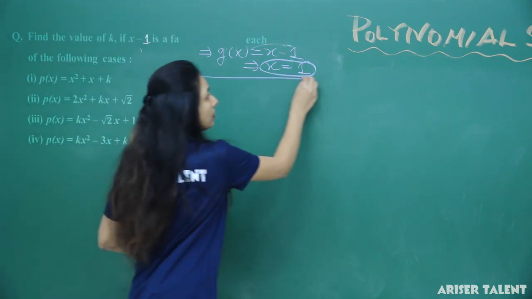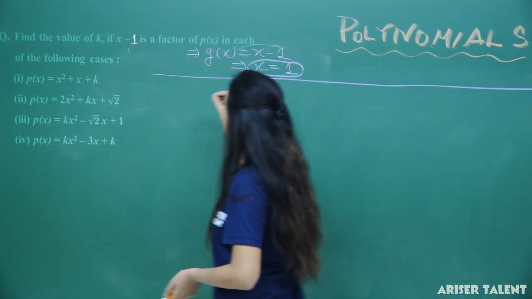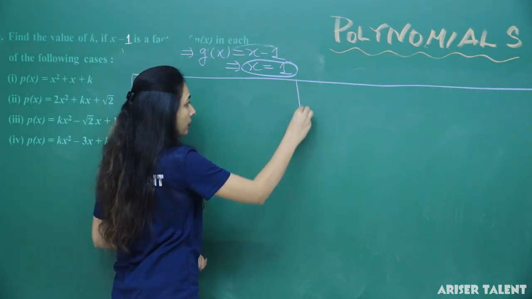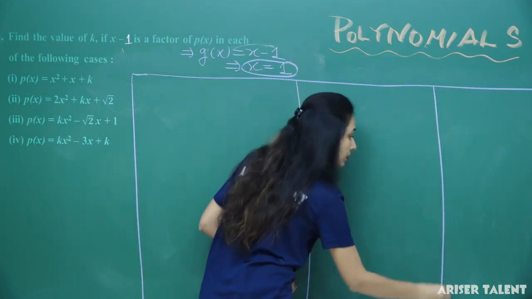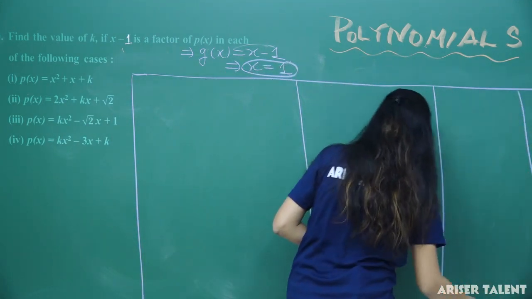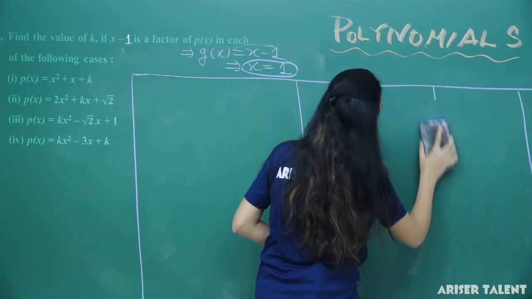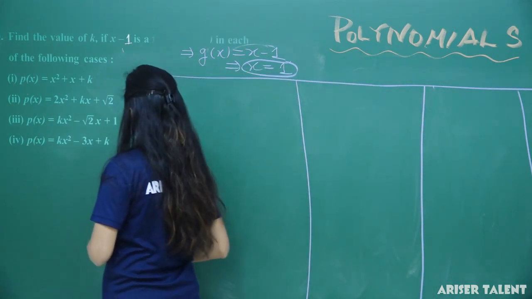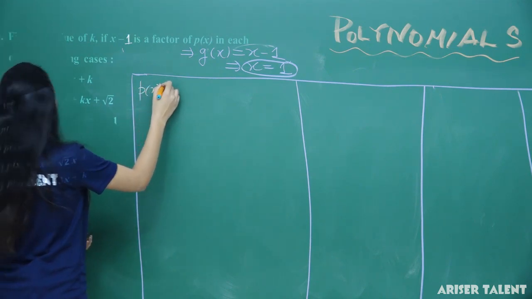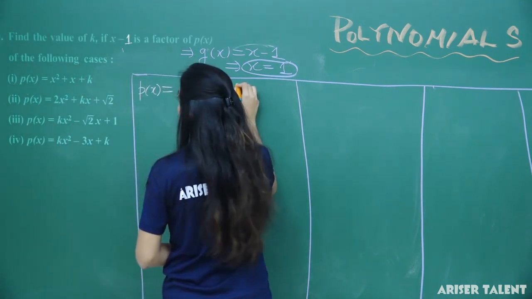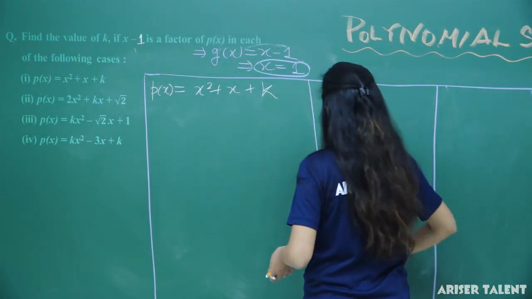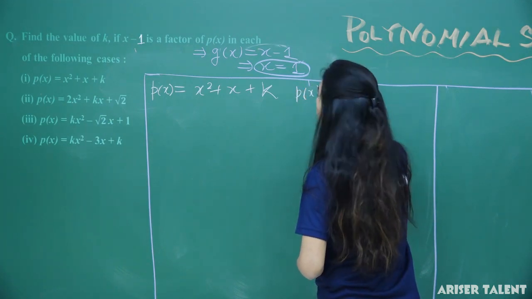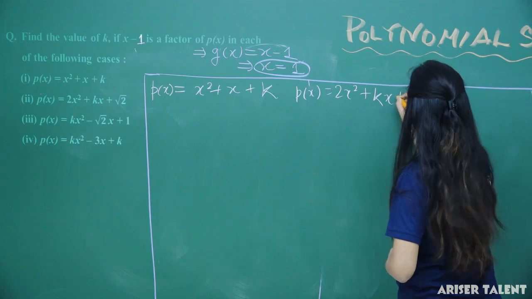Now, we will solve them right from the first. How many parts are we having? 4. So 1, 2, 3 and the rest will be there. So moving towards the first one, p(x) equals x square plus x plus k. The second one is p(x) equals 2x square plus kx plus root 2.